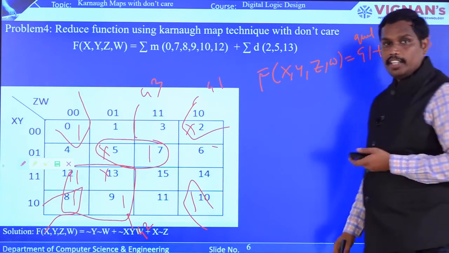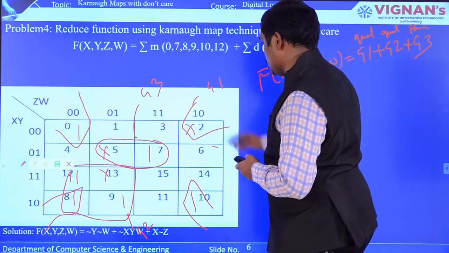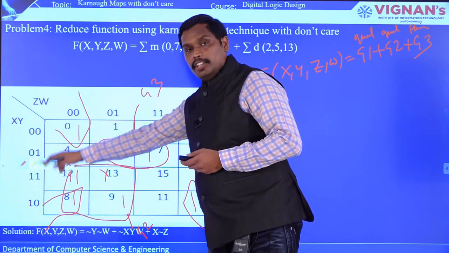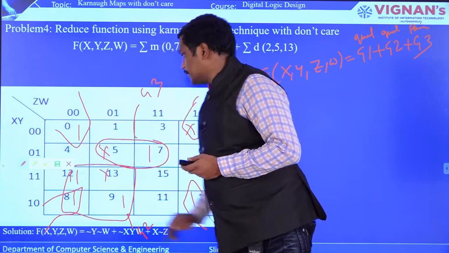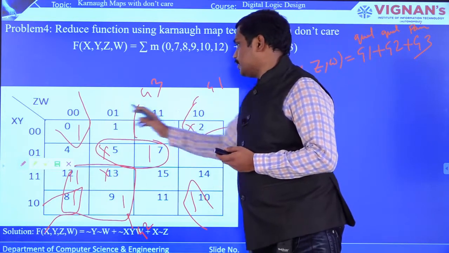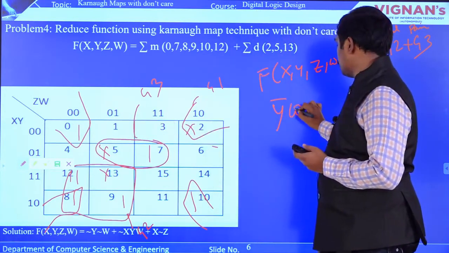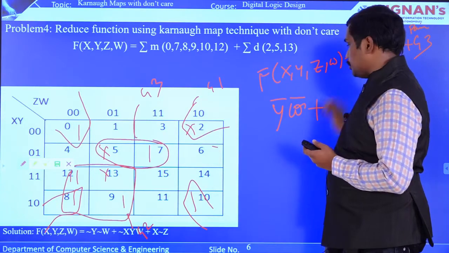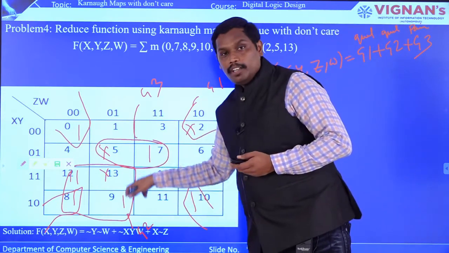So now you are going to derive an expression for G1, G2, G3. So G1, the commonality that you can see in the row, which is Y bar, and then in the column you can check that it is W bar, plus G2. G2 is a quad.